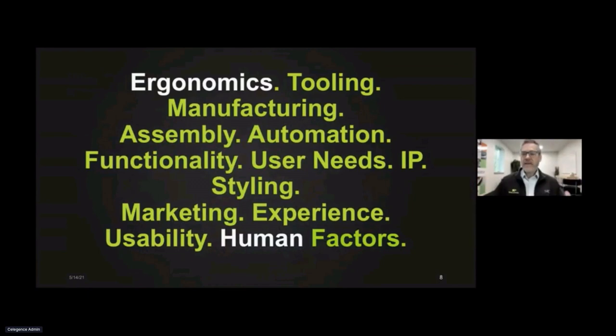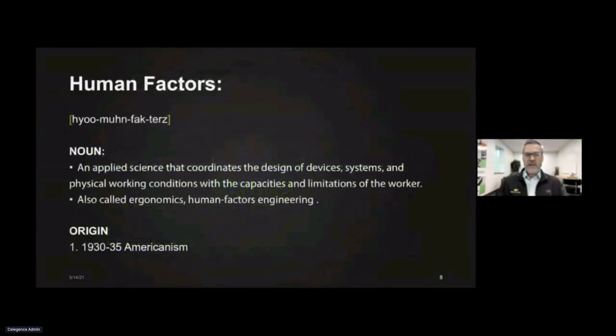When we embark on this path of developing something, there's a ton of things that we have to think about as designers, engineers, developers. But when it comes to human factors engineering, two of the most important are the ergonomics and the human side of things. Human factors is all about the capacities and limitations of the user. The definition of human factors is an applied science that coordinates the design of devices and things with the working conditions and with the capacities and limitations of the worker.